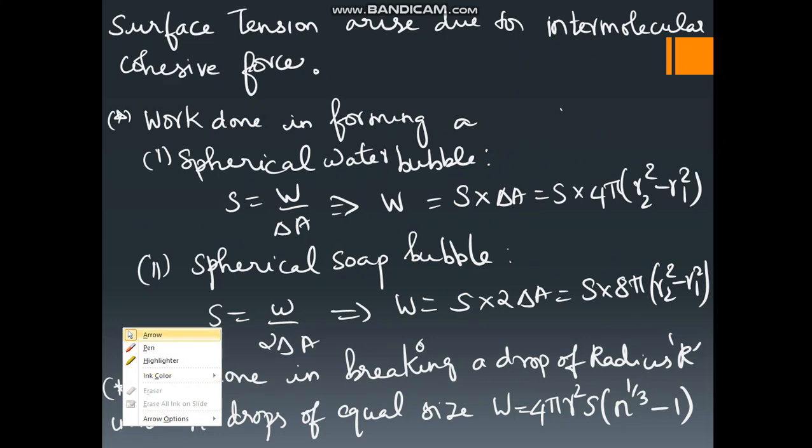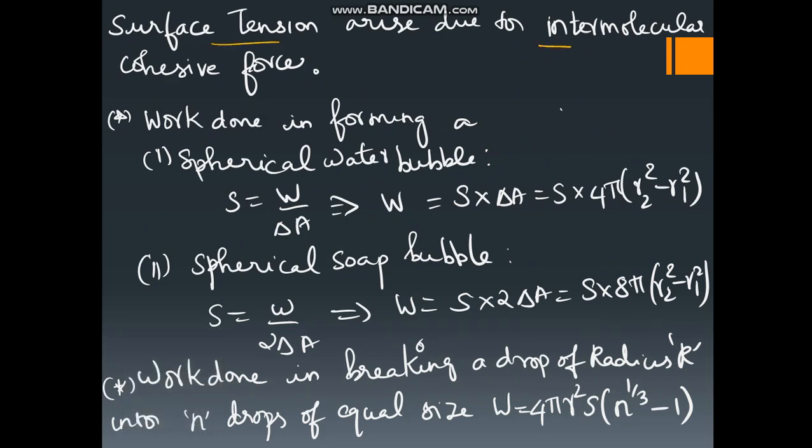Now let us see certain points. Surface tension arises due to intermolecular cohesive force. Next, work done in forming a spherical water bubble. Surface tension is work done divided by delta A, and in the denominator we multiply by 1, because water has only one surface.